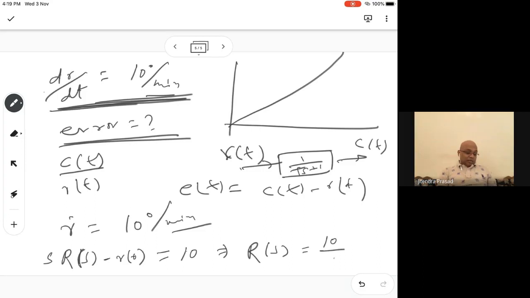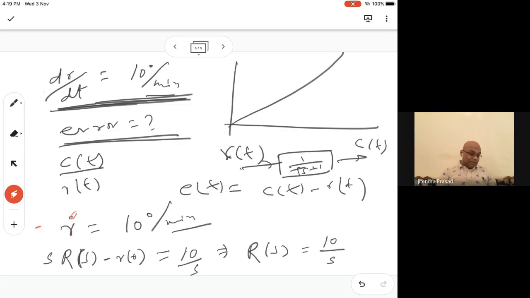10 over S. Okay, so this one is 1 over S. Sorry, this will be 1 over S. So we have S here, R dot.